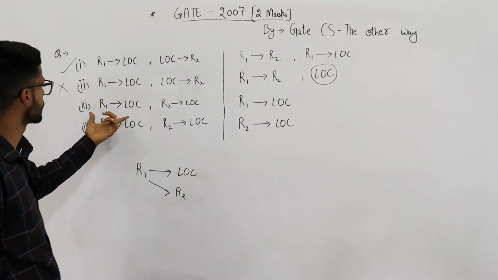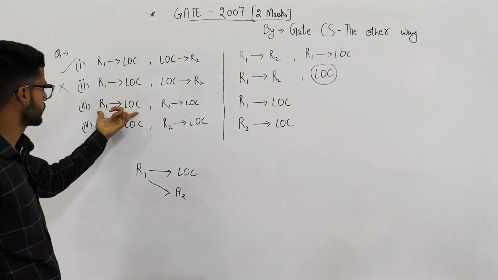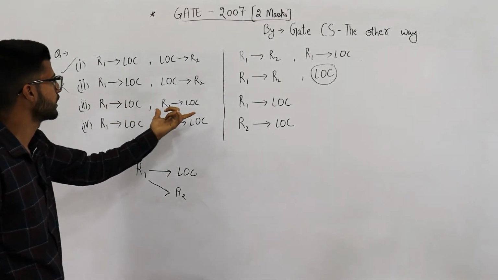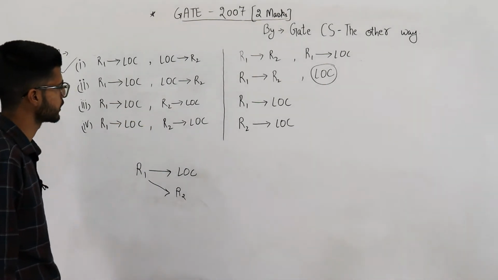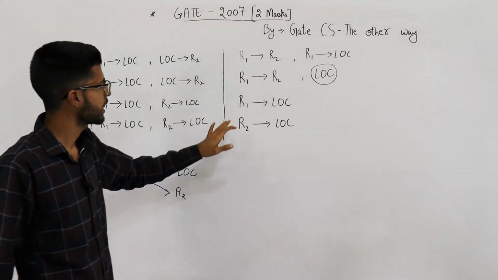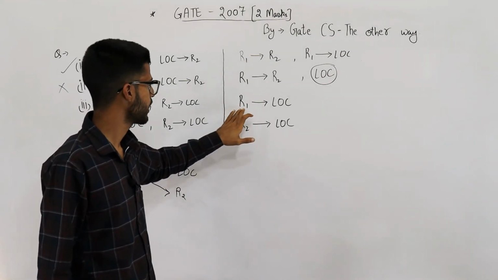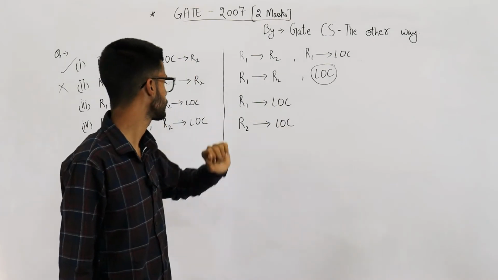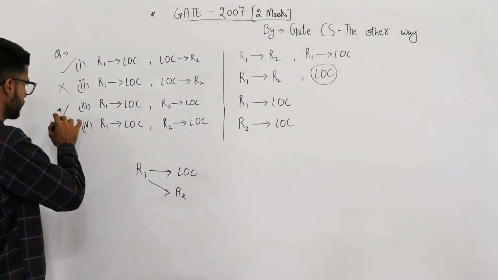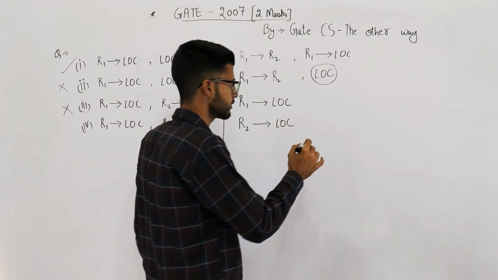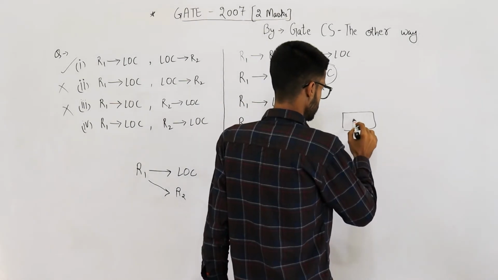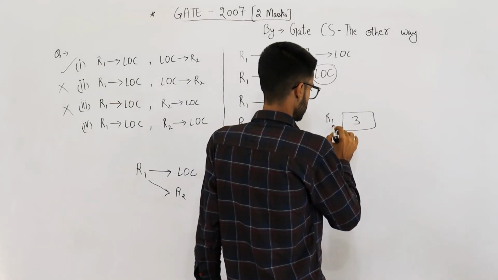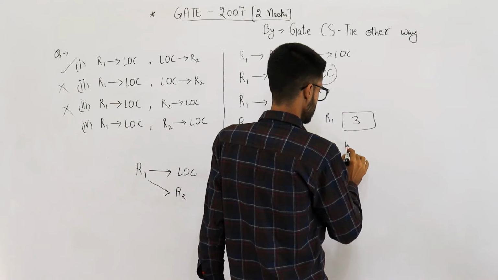Then let's see the third one. R1's value is being copied into location, then R2's value is being copied into location. On RHS we are writing R1's value is copied into location. This one is wrong, because say R1 contains 3, R2 contains 7.